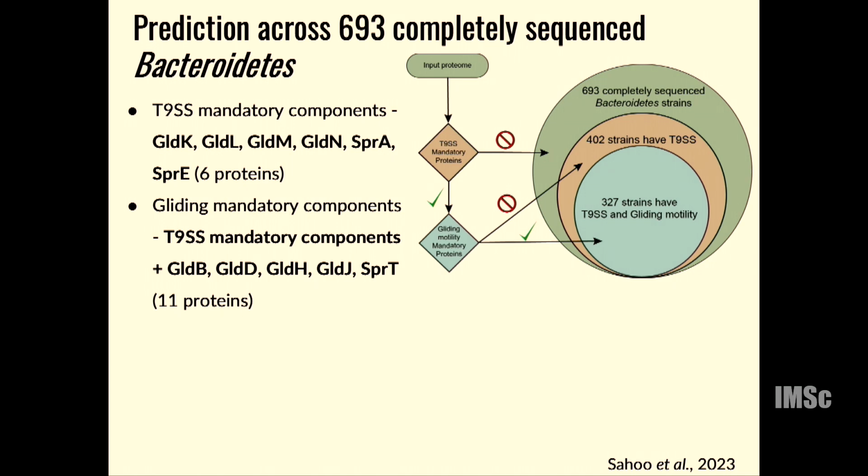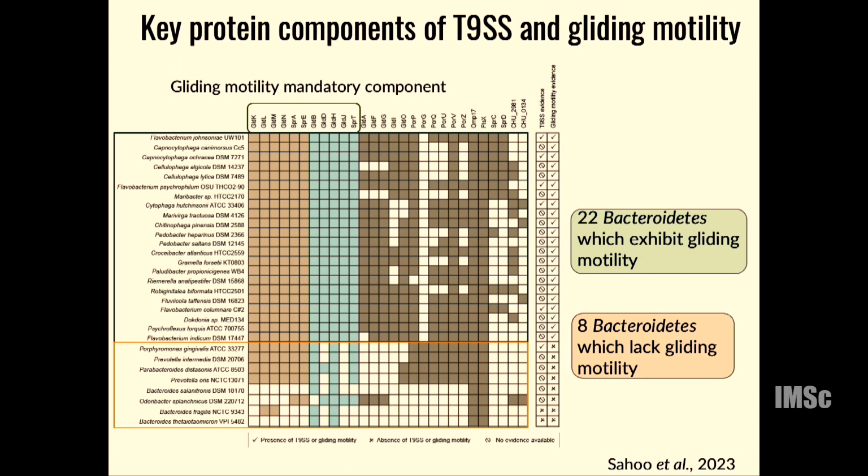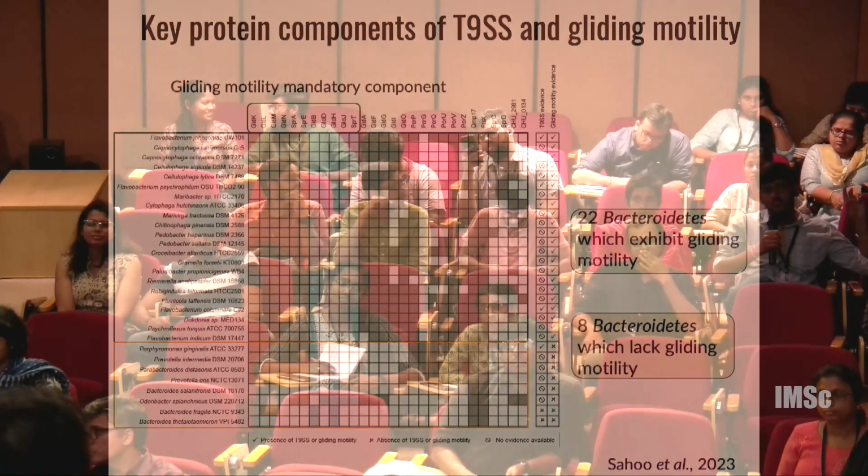With a certain identity? What we have done is, this prediction is based on HMM profiles which we have built. We took the sequences, aligned them, trimmed the unconserved regions, and only took the domains which are conserved. So they are conserved domain-wise.